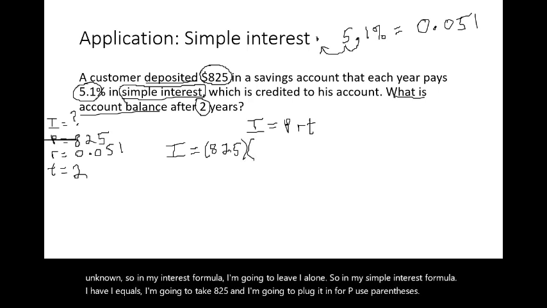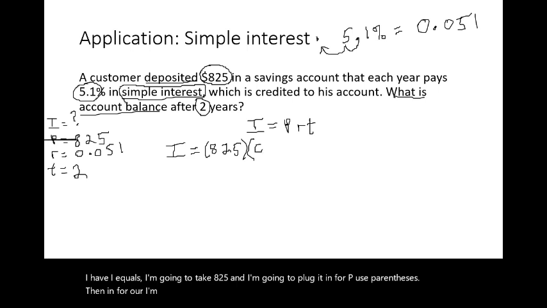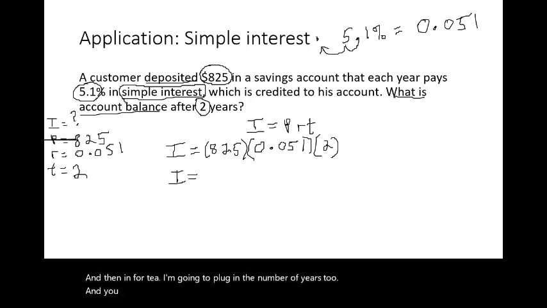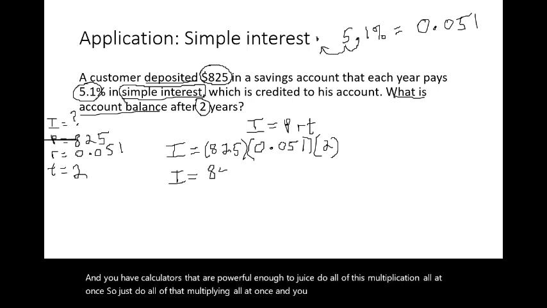Then in for R, I'm going to plug in my interest rate as a decimal, so 0.051 is going in for R. And then in for T, I'm going to plug in the number of years too. You have calculators that are powerful enough to just do all of this multiplication all at once.